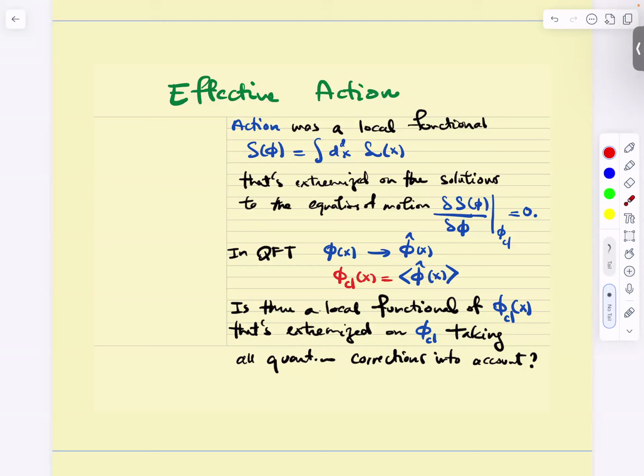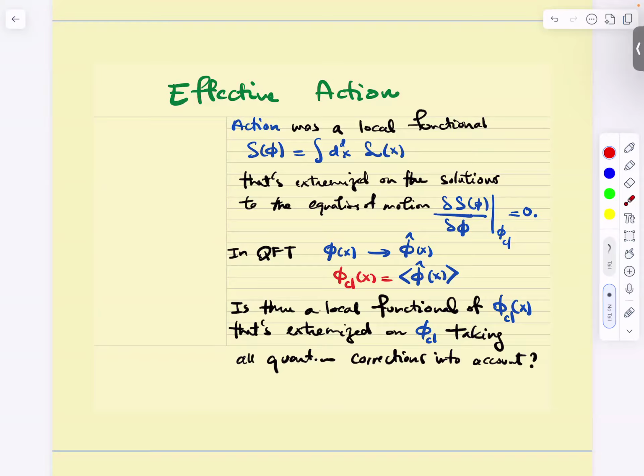then that has 1-point function, 3-point functions, and higher point functions. Right? Call this phi classical. What we would like to do is construct. So now, of course, the 2-point function and 1-point functions are related.